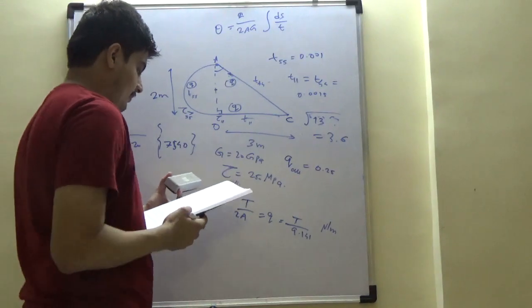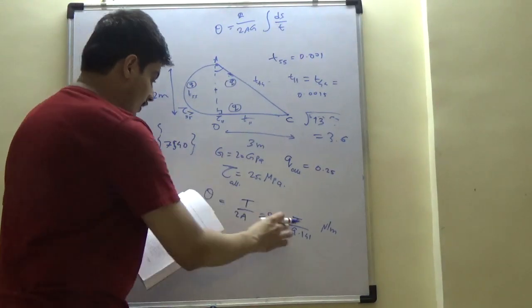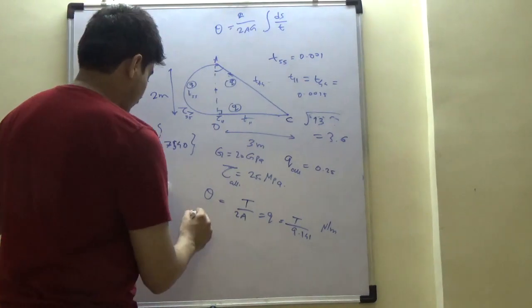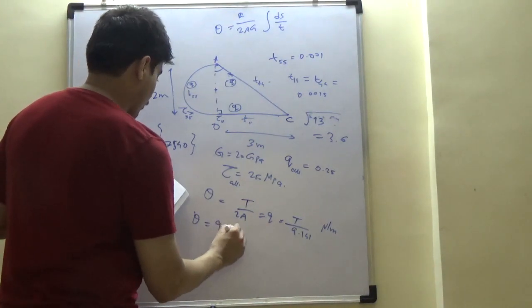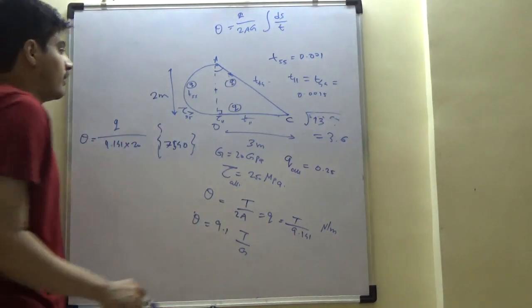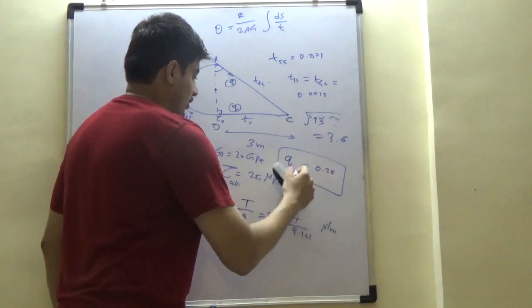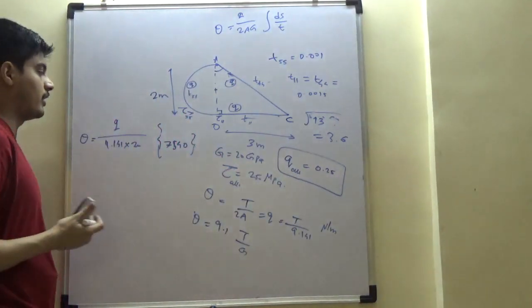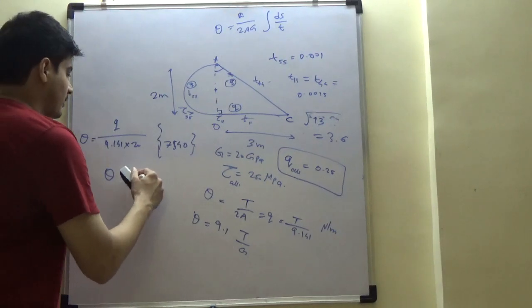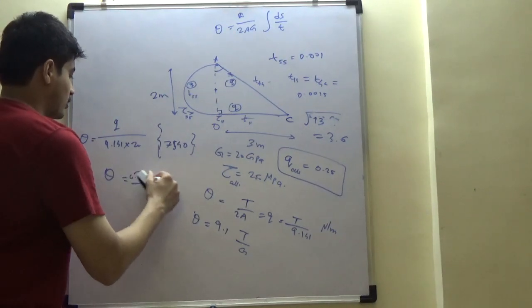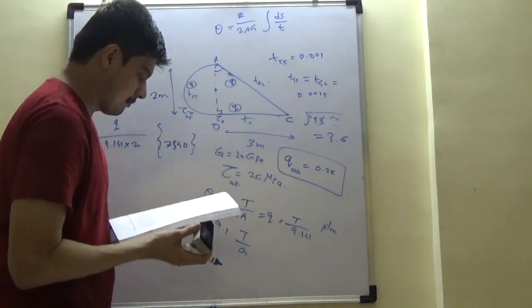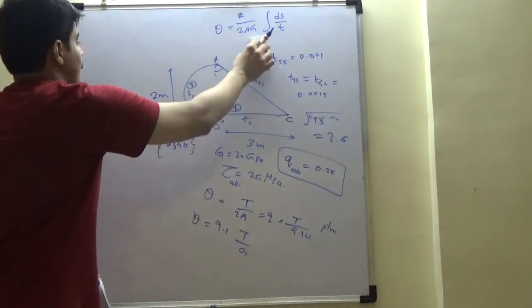And this is further substituted as T, and so you would get theta as 9.1 T upon G. See how I solved it? I looked at allowed Q, which I substituted here, and then I looked at the twist. So I substituted it as 0.25 into 7,500 and I got the theta value. So the maximum theta value then can be based on the minimum.